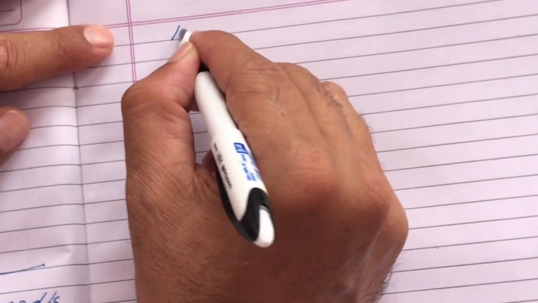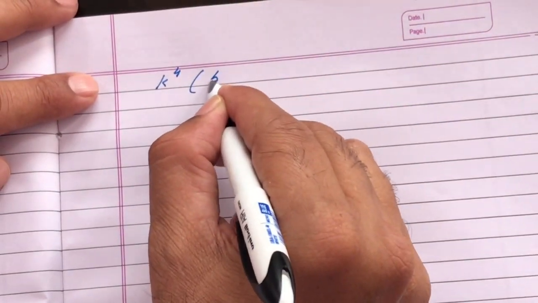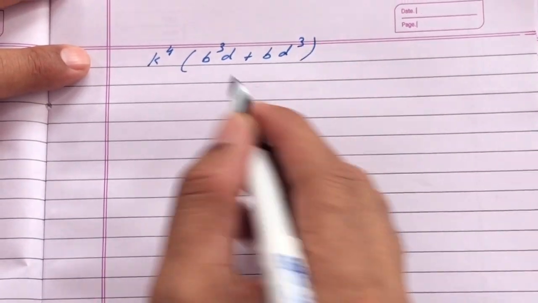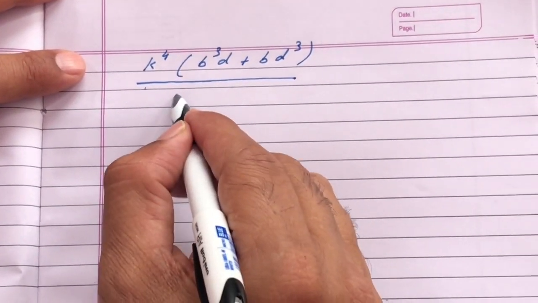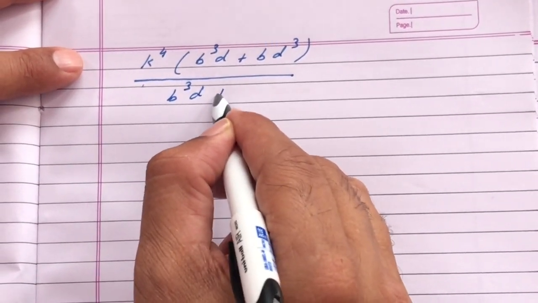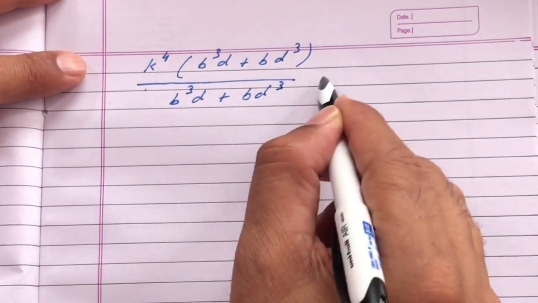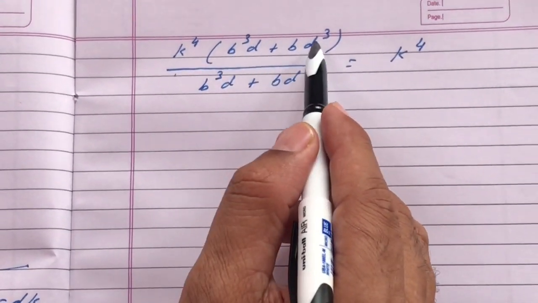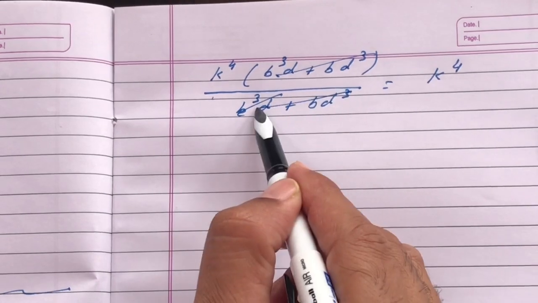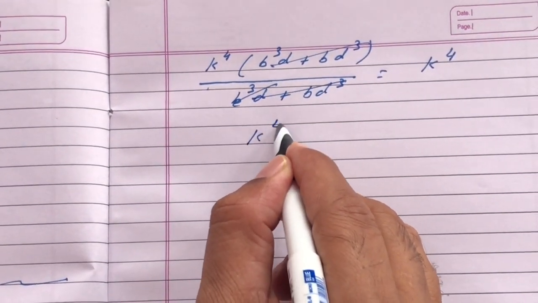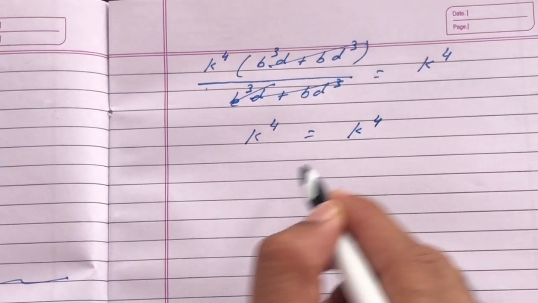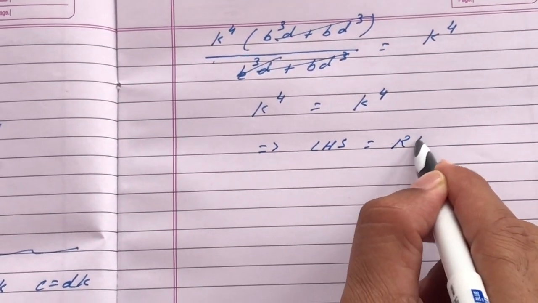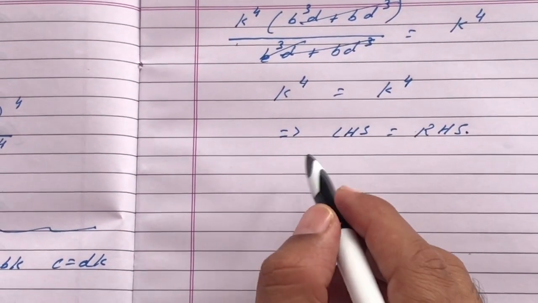So it is K raised to power 4 into B cube D plus BD cube upon B cube D plus BD cube K4. So B cube D plus BD cube cancel out. So K4 is equal to K4. It implies that LHS is equal to RHS as proved.